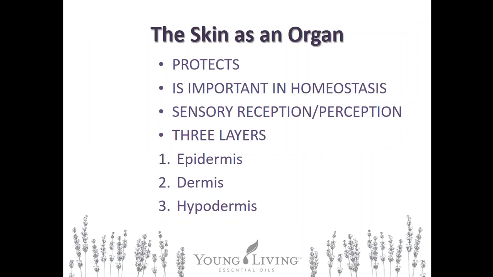The skin as an organ. Now, it is our largest organ in our body. It's the most efficient way we have of keeping ourselves in a state of homeostasis, which is balance, basically. Our skin protects us. Think about it.